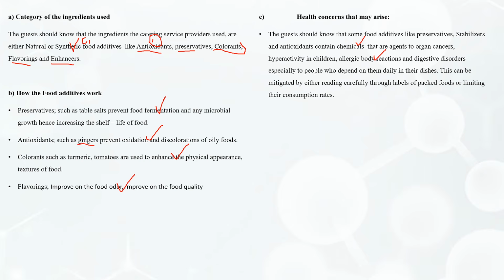They contain chemicals, and these chemicals are the ones that bring about the allergic body reactions and digestive disorders. Then finally, we want to see the mitigation. This can be mitigated by either reading carefully through labels of packed foods, or limiting their consumption rate.